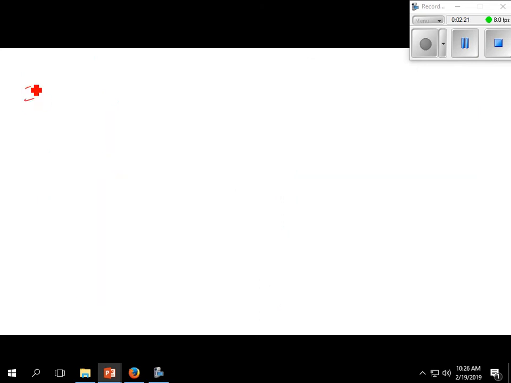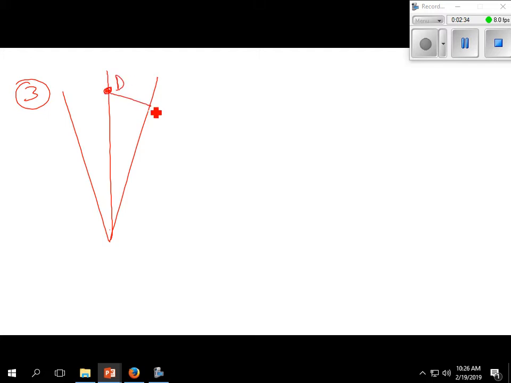Number 3. They give us this picture. And they tell us that this is D out here. And again, I'm not drawing all the pictures completely. That's a right angle, that's a right angle. They tell us this is 7, this is 7.